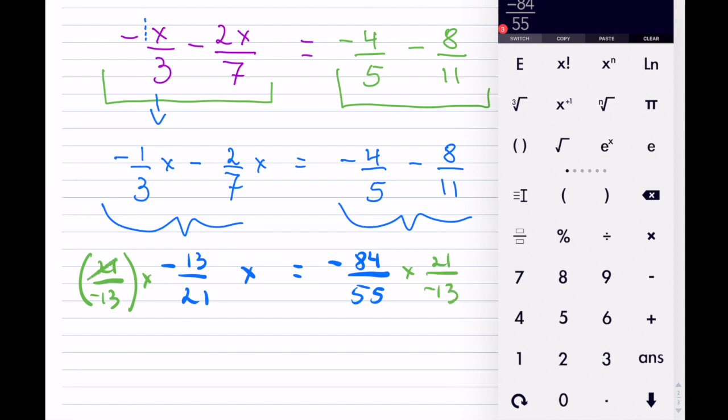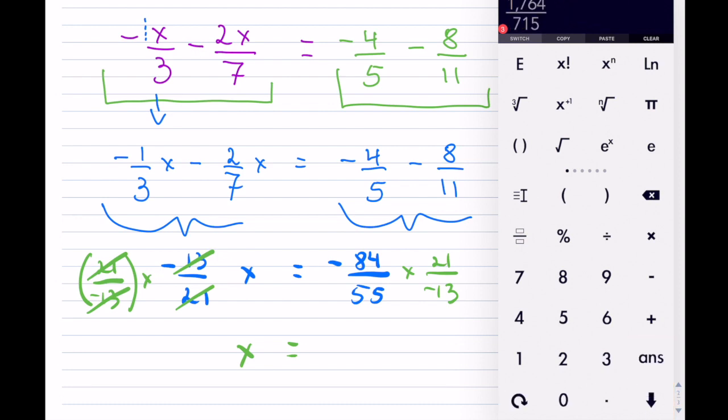So this 21 will cancel, negative 13 will cancel, and we have x equals, and now I can go ahead and find out what that is. I actually have it there on the calculator, as you can see. So I'll take that answer and multiply it by 21. Because I have the calculator, it's much easier.